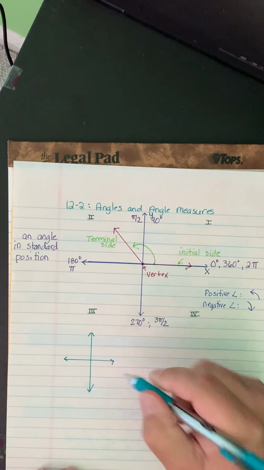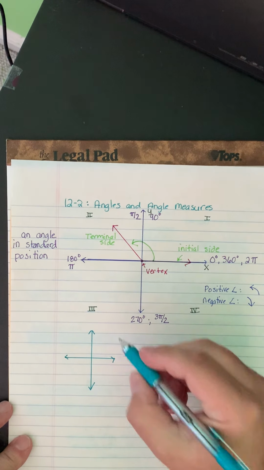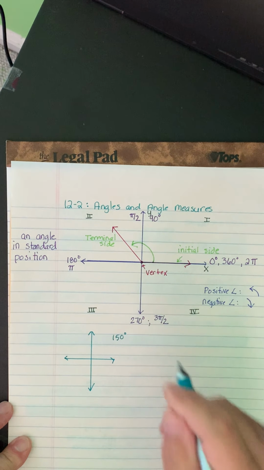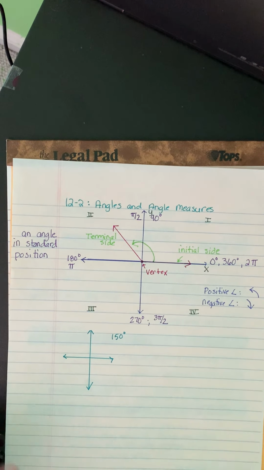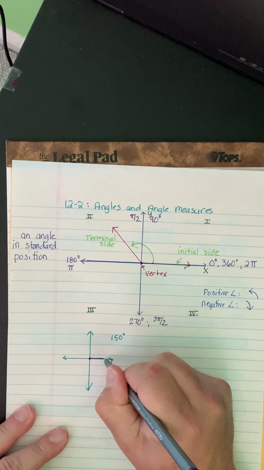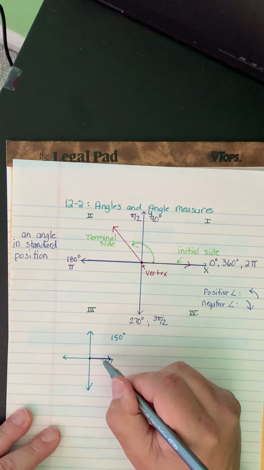Let's say I wanted to draw a 150 degree angle. We've got our vertex. This is our initial side, which is always going to be there. And then it's positive, so we have to go this way.